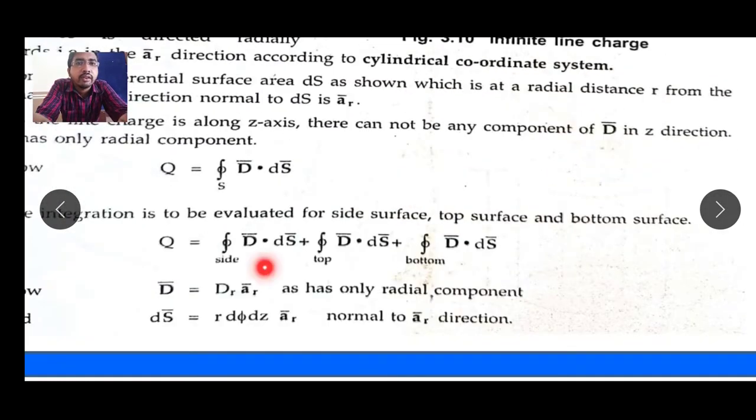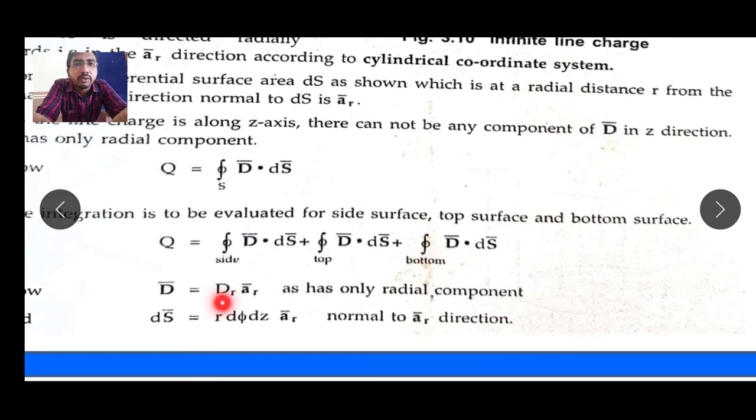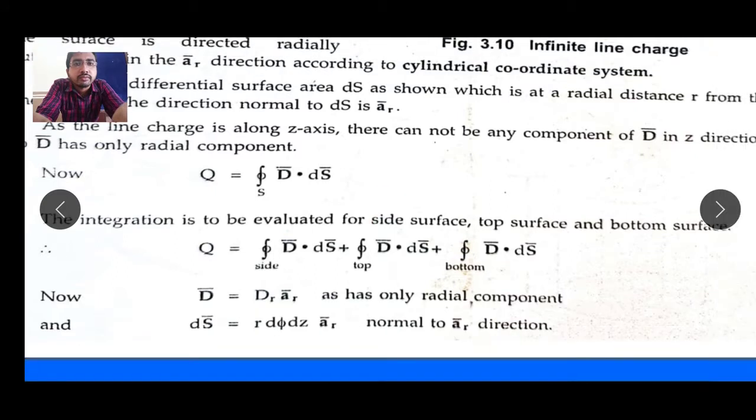So we should evaluate the integration of all these three parts, where D bar is equal to D r into ar bar, because D acts only in the ar bar direction, and the differential surface area in the ar bar direction is r d phi dz ar bar. This we can see from the cylindrical coordinate system.